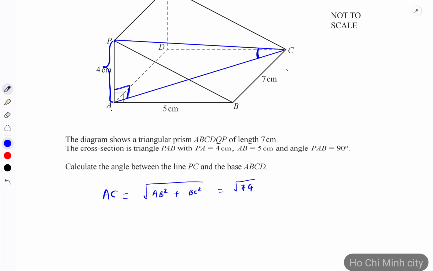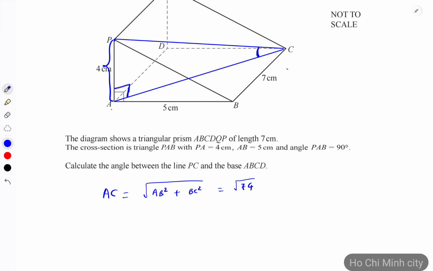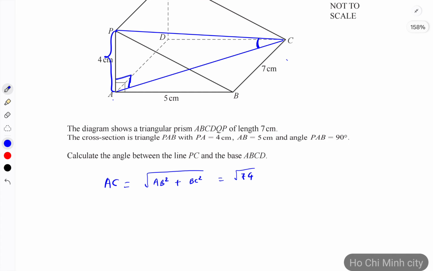All right, so now we have the AC, we have the AP. Then we can calculate the tan of ACP. And the tan is going to be AP divided by AC. So plug these values into this equation.